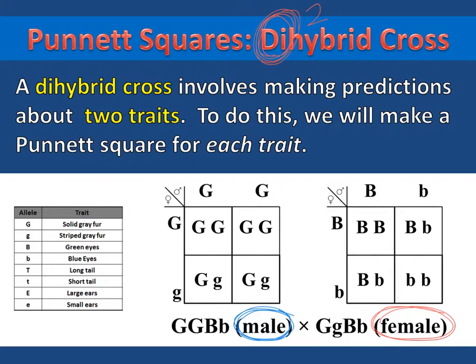So notice in this Punnett square, there are only G's. And in this Punnett square, there are only B's. Each letter should have its own Punnett square. G's here, B's here. So I am going to circle the G's from the dad right here and the G's in the mom right there.